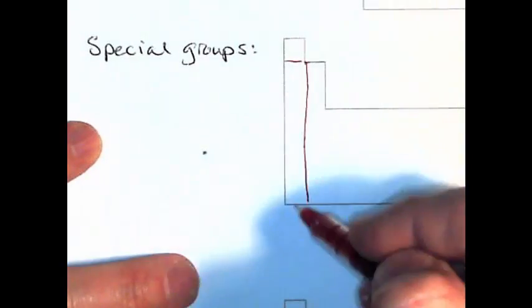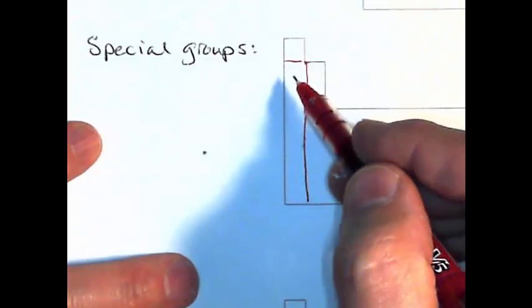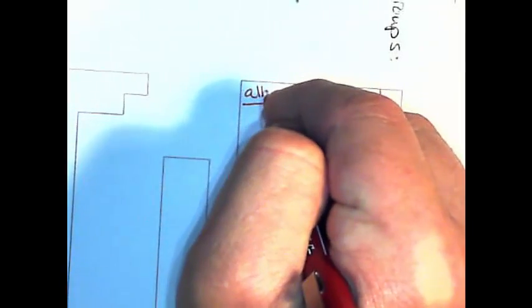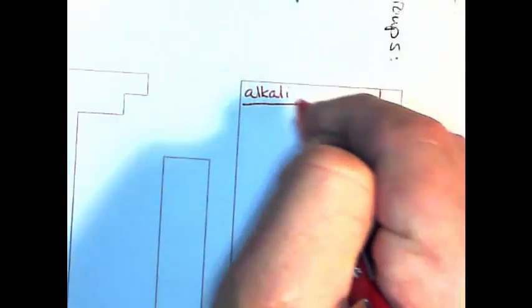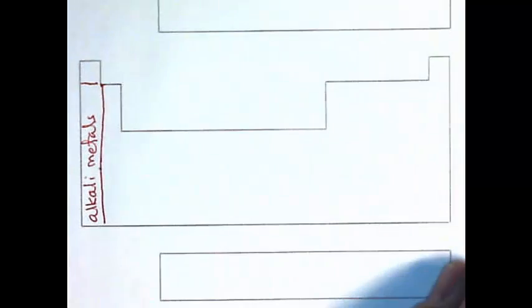So this is, for the most part, all of that first family. All right? It doesn't include hydrogen, but this has a special name, and it's called the alkali metals. Alkali metals. Okay?